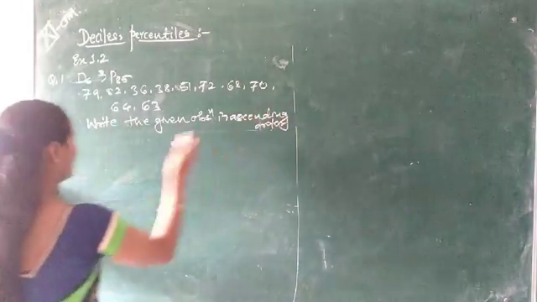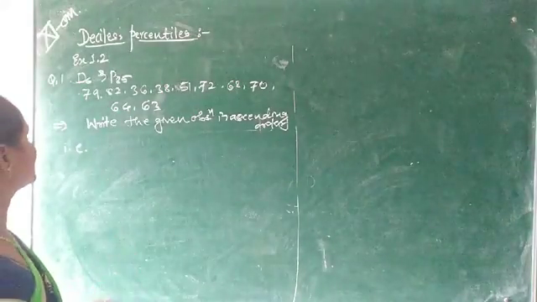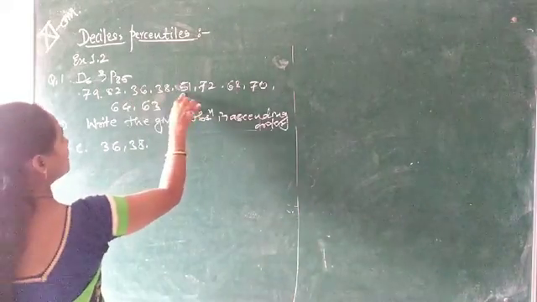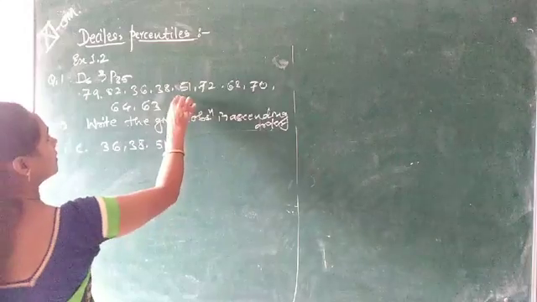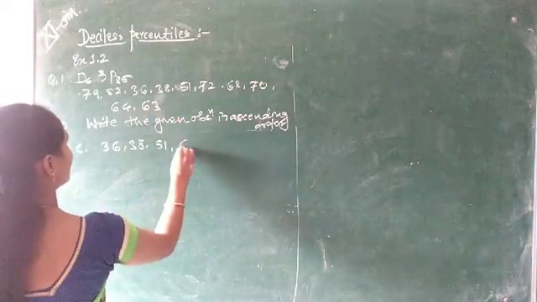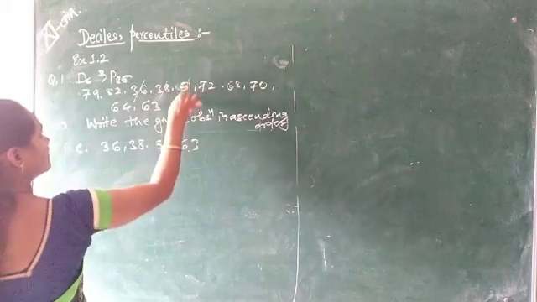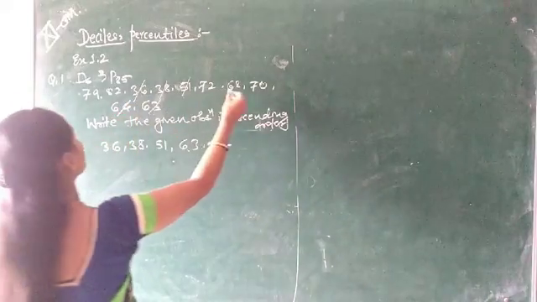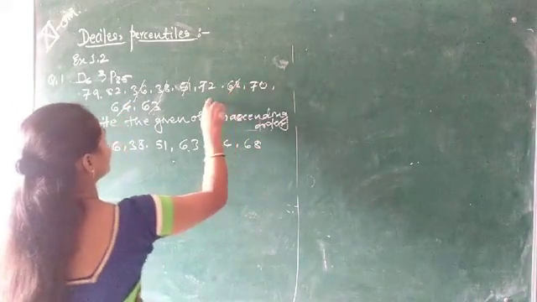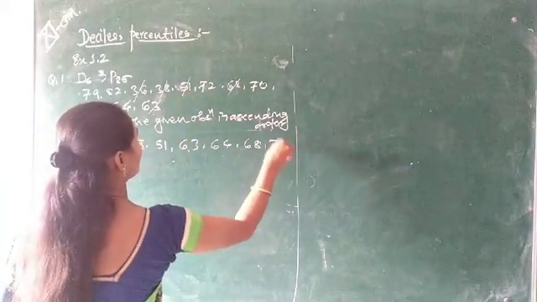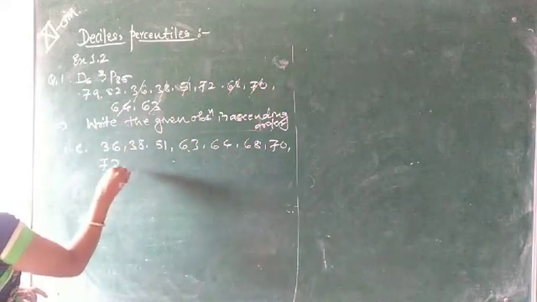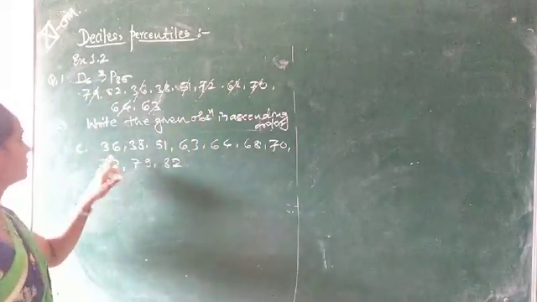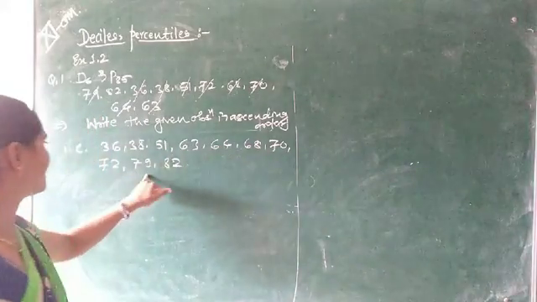The first small observation is 36, next 38, then 51, next 63, then 64, then 68, next 70, 72, 79 and 82. 1, 2, 3, 4, 5, 6, 7, 8, 9 and 10.